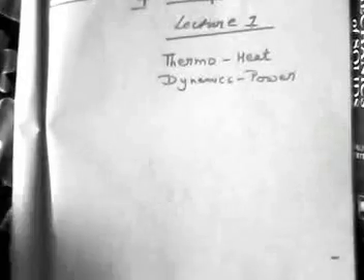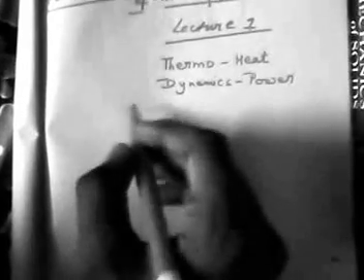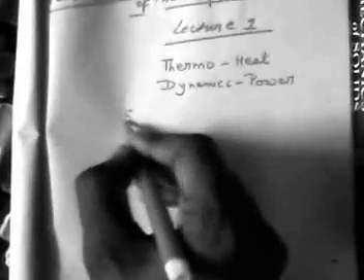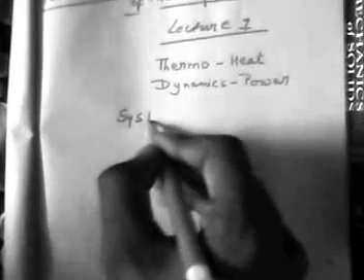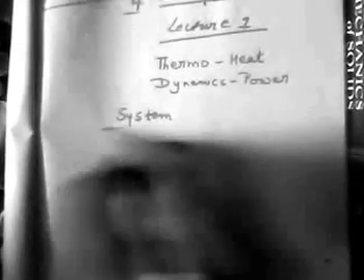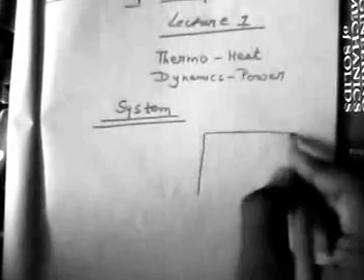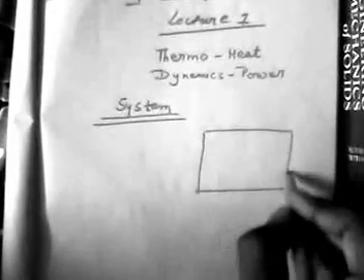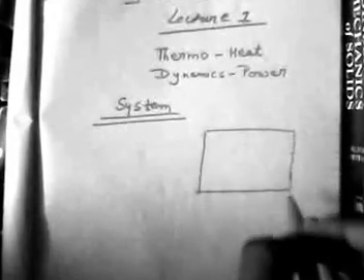First of all, we start with the system. What do you mean by system? Suppose this is a square block, or consider it a room, top view of a room.